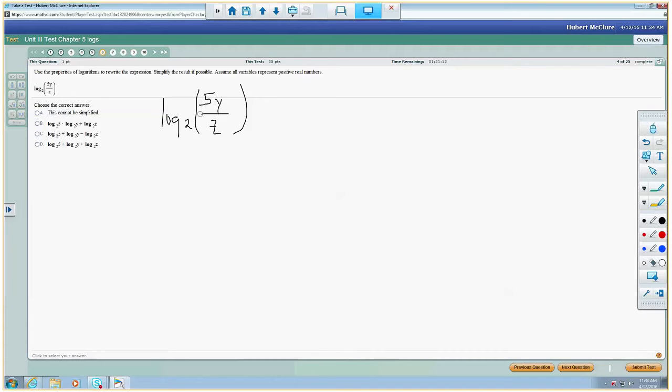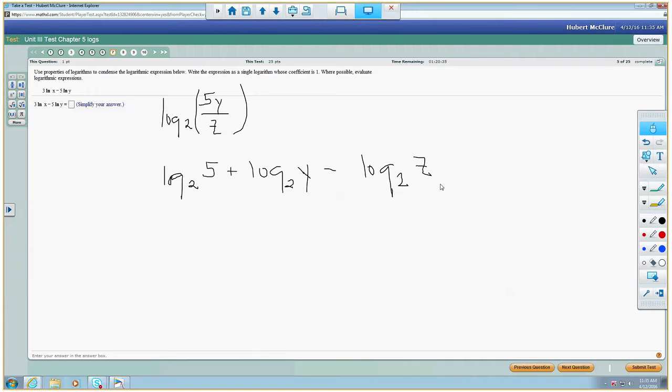Product rule and what? Quotient rule. Good. Log base 2 of 5 plus log base 2 of y. What's next? Minus. Good. Log base 2 of z. And that would be C. Okay. Next question.